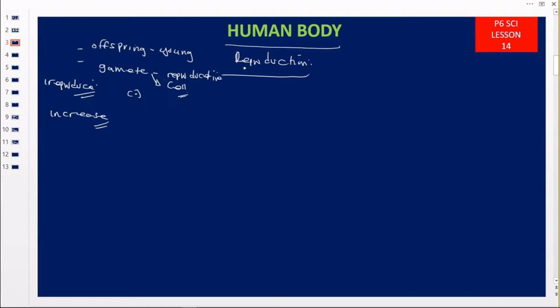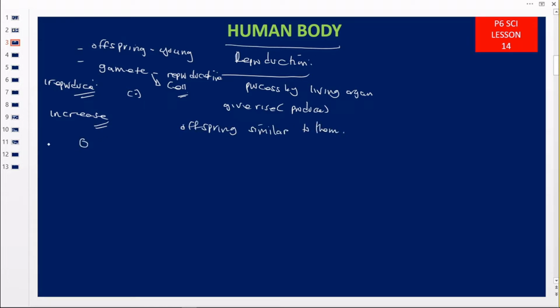Therefore let us come now to the definition. Reproduction is the process by which living organisms give rise. To give rise means to produce. They give rise to offspring similar to them. This word is very important, similar to them. It is like saying a tomato cannot produce a boy.